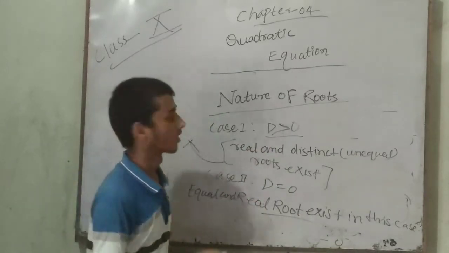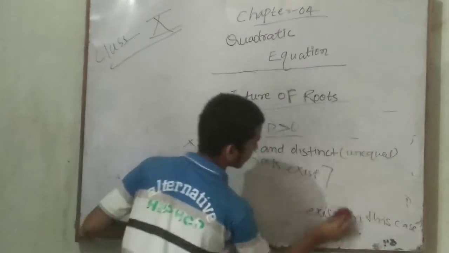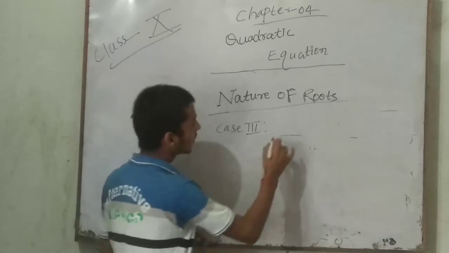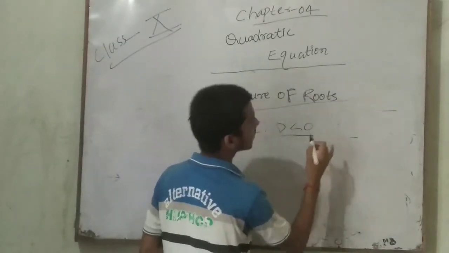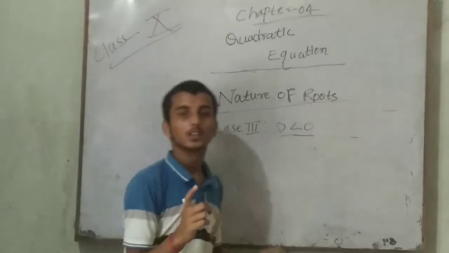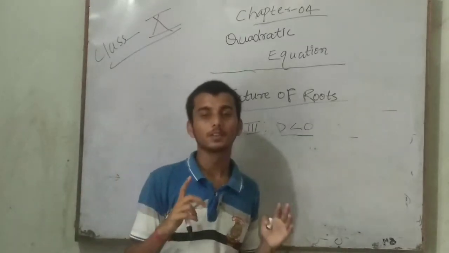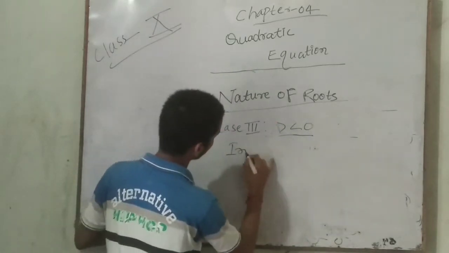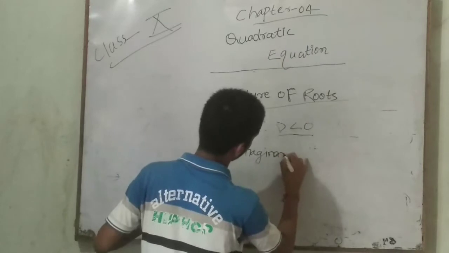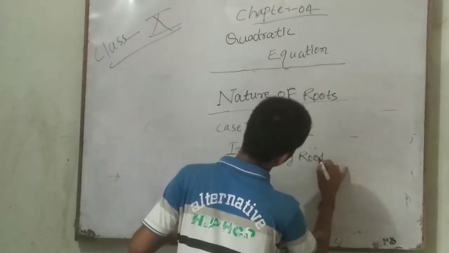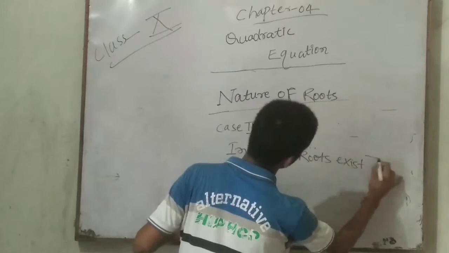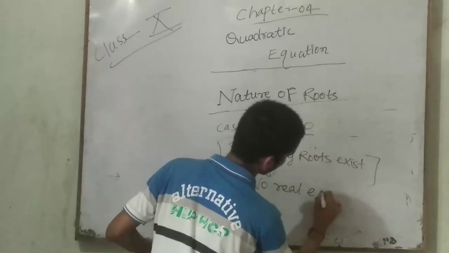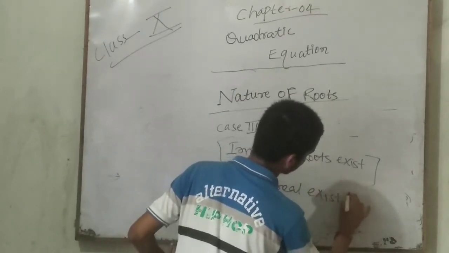And one more case is there. That case says that if D is smaller than 0, then there is no real root, only imaginary roots exist in that case.